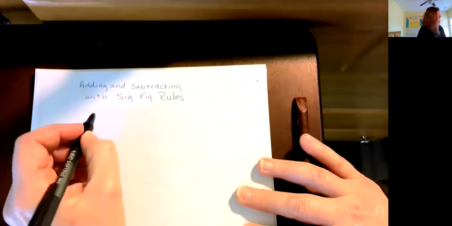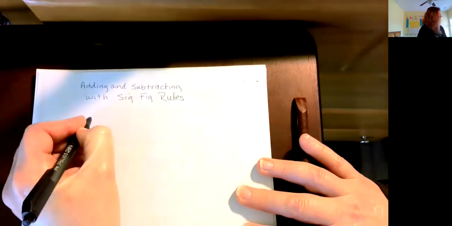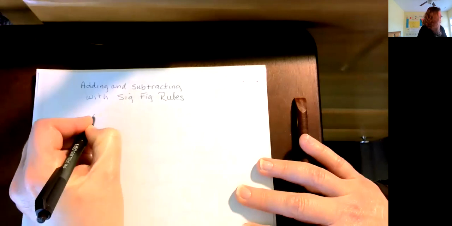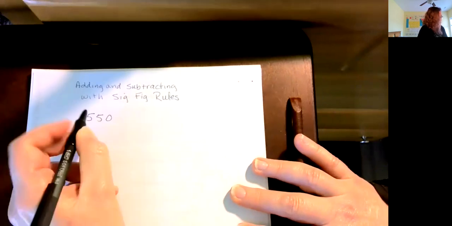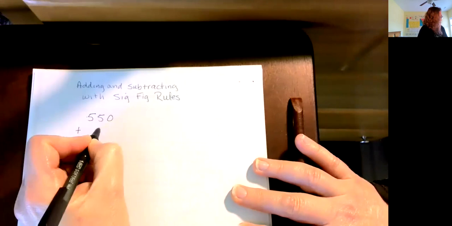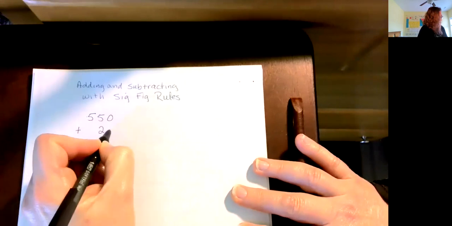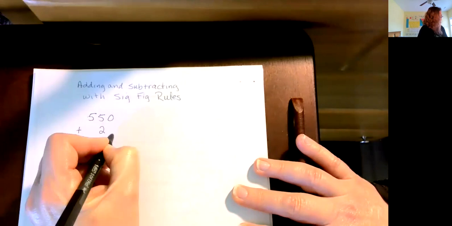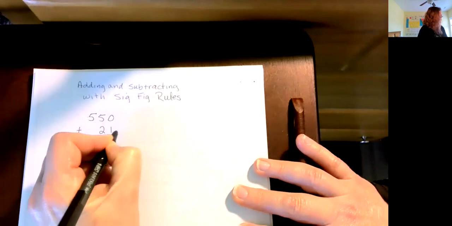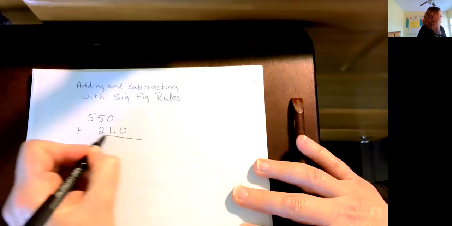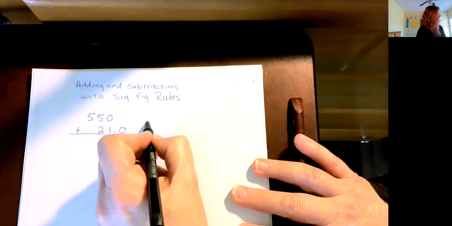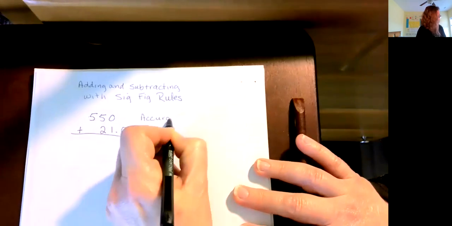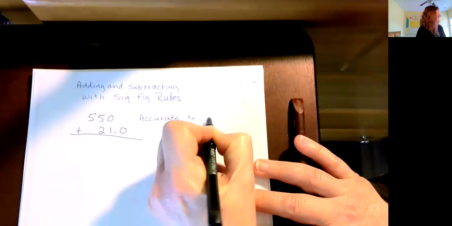We're going to do 550 plus 21.0. 550 has no decimal, so it's only accurate to the tens place.